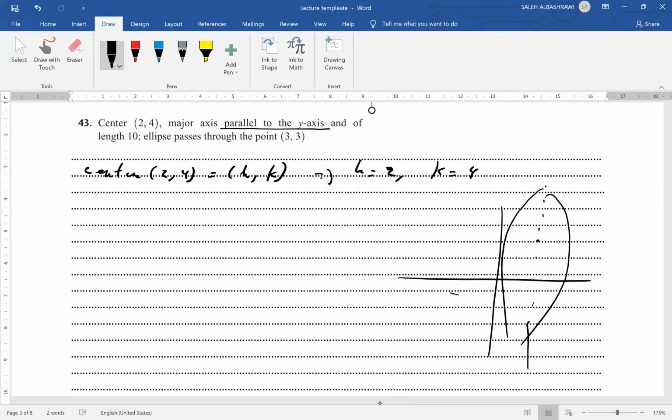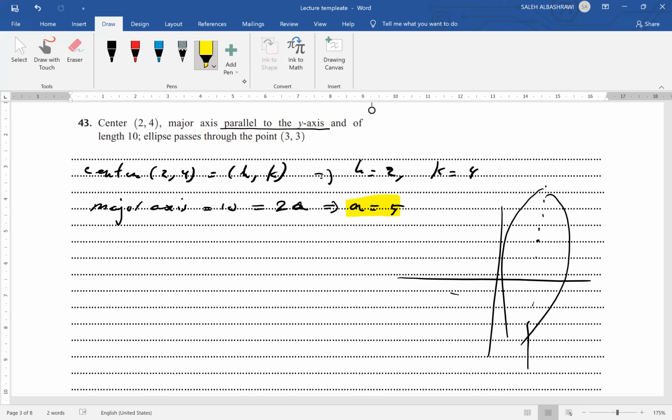We know that the major axis has length equal to 10, and it is equal to 2a. So 10 equal to 2a, that will give me a equal to 5.